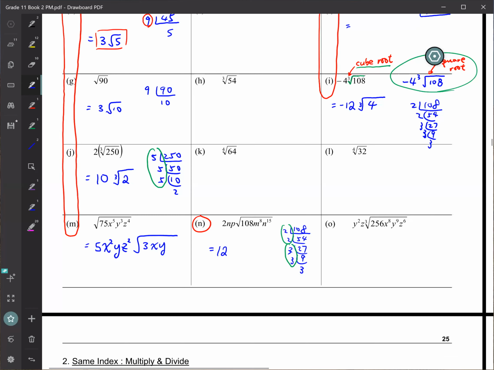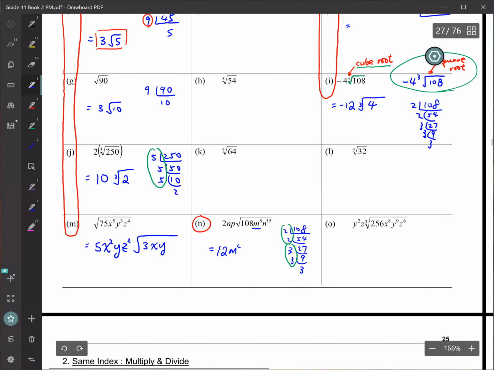Okay, now the letters. Does the M go out? I'm looking for pairs, right? How many pairs of M can there be? How many? 4. 4 pairs, very good. Okay, total 8. So cut into 4 pairs of 2.